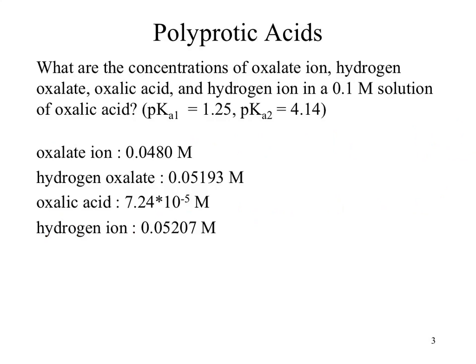Yeah. Oxalic acid, well, your Ka ended up equaling your X. Close. Or not your pKa, rather. Your Ka. So when we look at the concentration of our oxalic acid, 7.24 times 10 to the minus 5, to generate the oxalic acid, that should say oxalate.